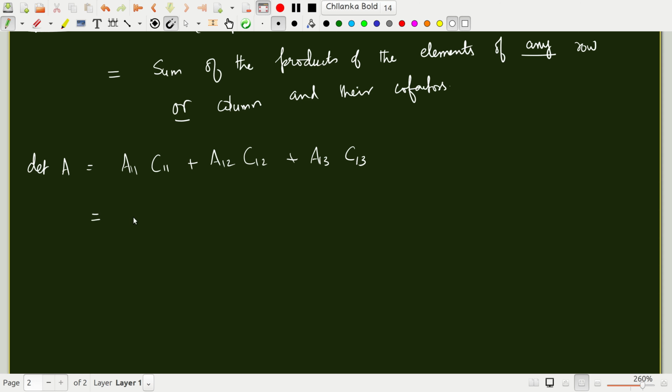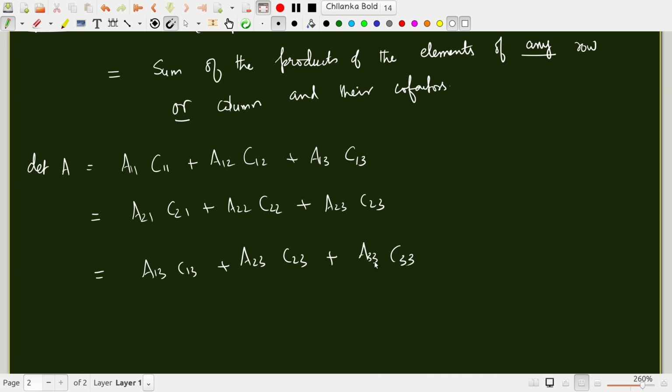Okay, so we can also do this. The determinant of A is also equal to A21 C21 plus A22 C22 plus A23 C23, or I can also write it as A13 C13 plus A23 C23 plus A33 C33. I can take either a row or a column.